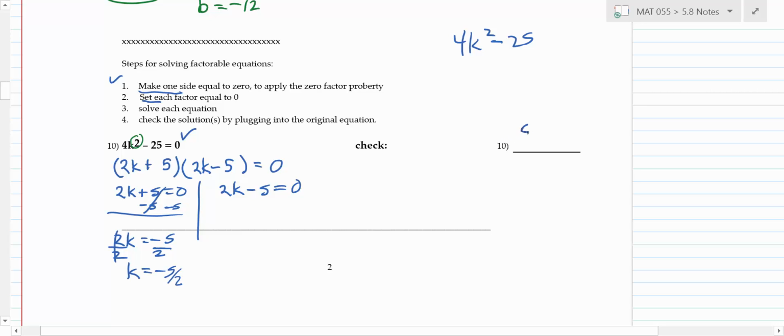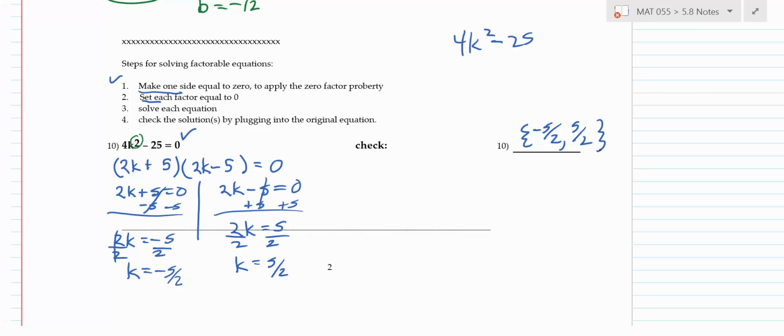So that would be one of my answers to the problem, negative 5 over 2. Okay. Then I do the same thing with the second equation. Just add 5 to both sides. That's going to be 2k equals 5. Then if I divide by 2, I'm going to get the other answer, positive 5/2. So what I've done is I factored, and then I'm able to get the two answers based on that factoring.